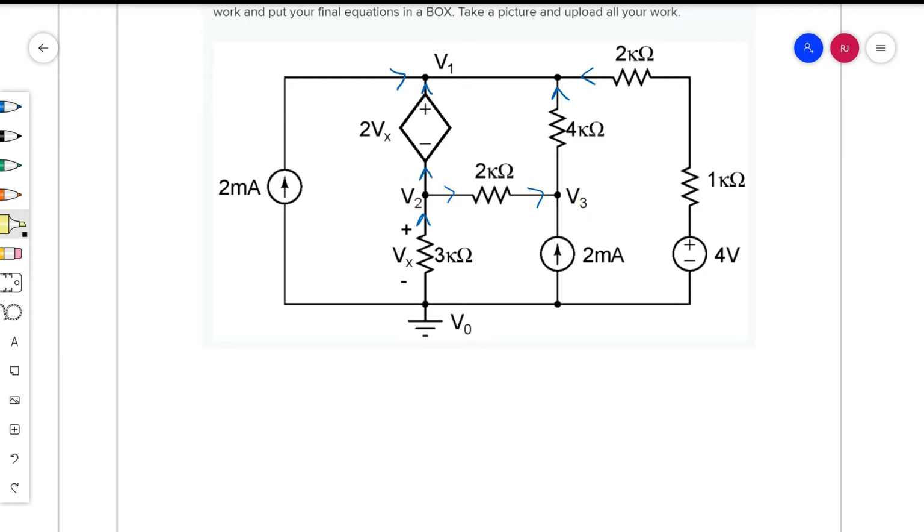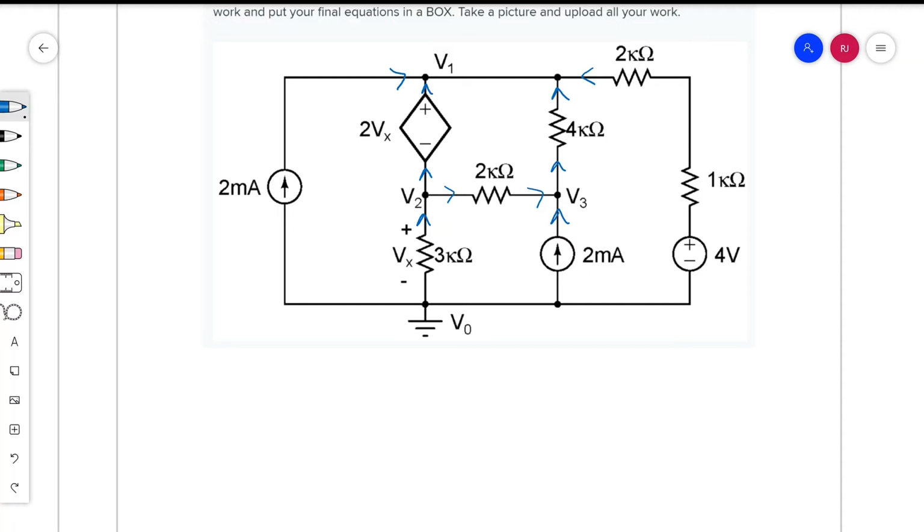Those are the main things to look for when you're defining the directions of the current. And then for V3, there's this 2 milliamps, so I'll just leave that as is in terms of its direction. And for this 4 kilo ohm, it continues to go up. So now I'm done defining all the directions of current.